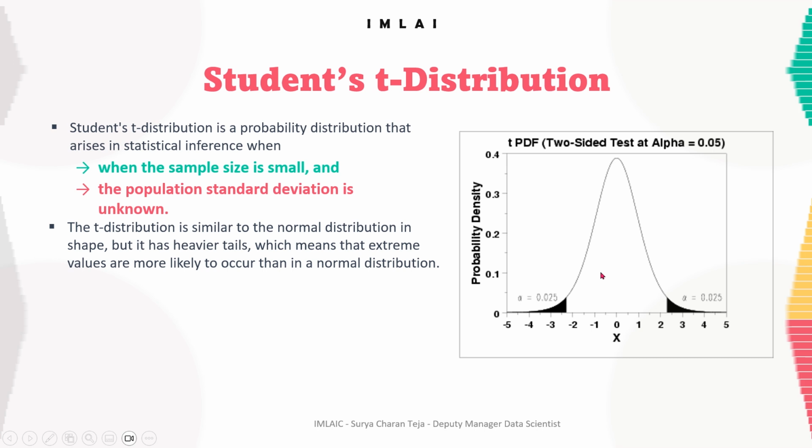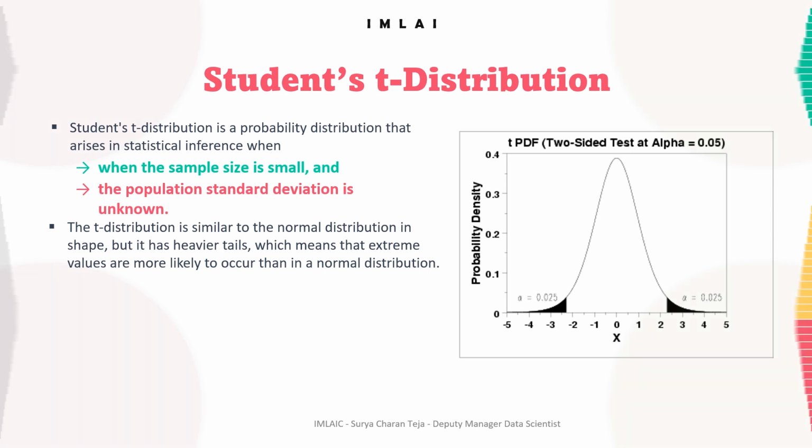So the extreme values would be a little higher compared to the normal distribution. That is the main difference between the normal distribution curve and the Student's T distribution curve.